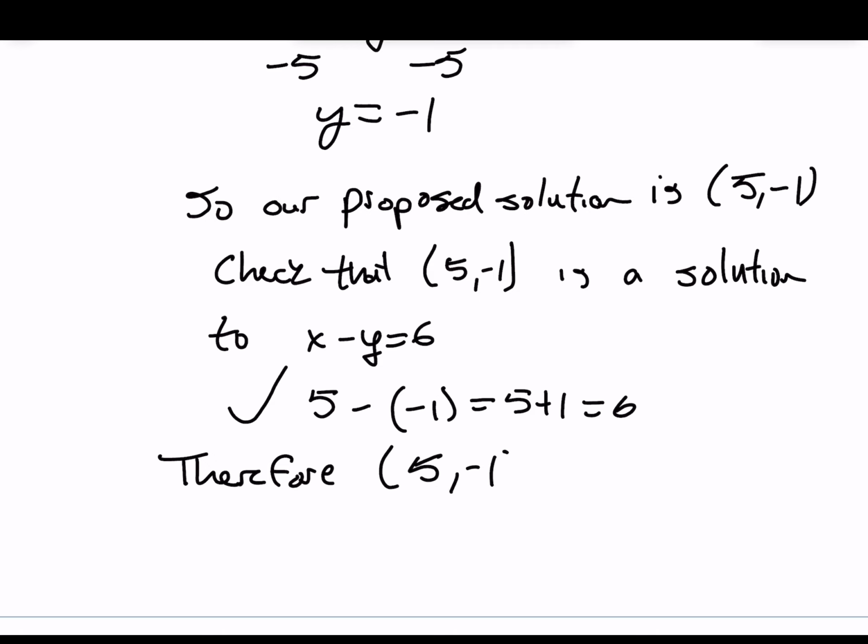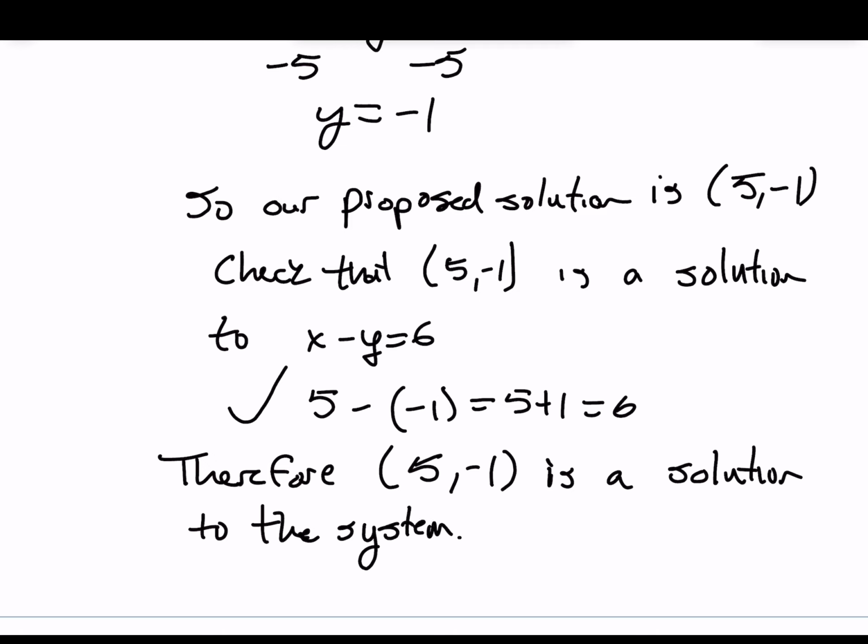Therefore, the point 5, negative 1 is a solution to the system. Now that may seem like magic, so how did it actually work?